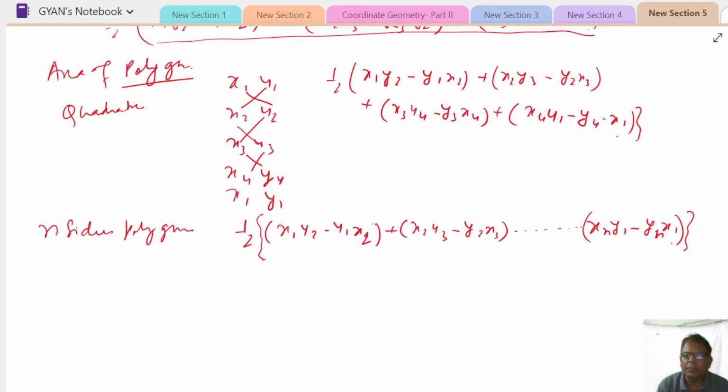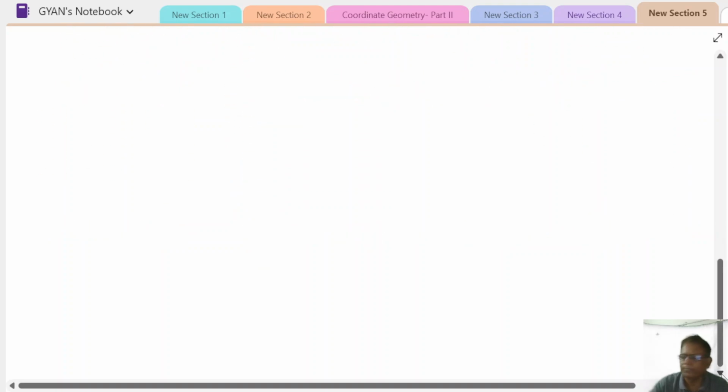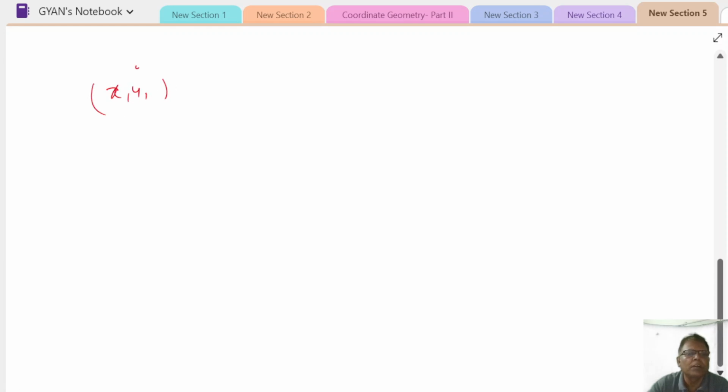Now come to the section formula. Suppose there are two points, x1 y1 and another point x2 y2. Here is some point xy that divides the segment in the ratio m is to n.